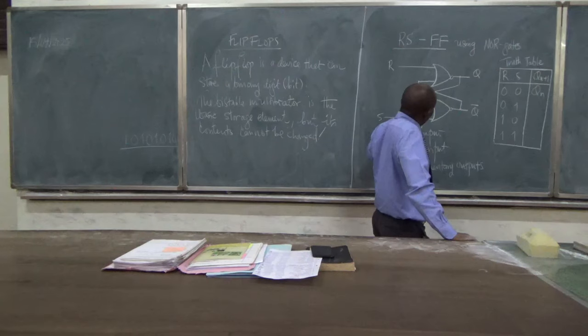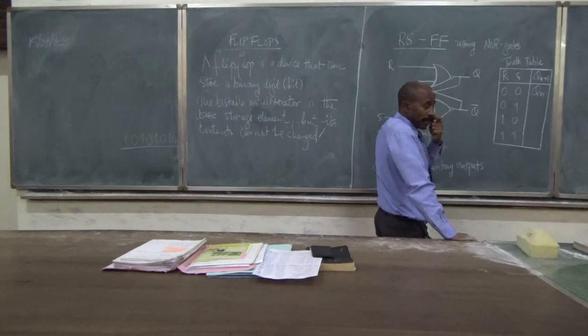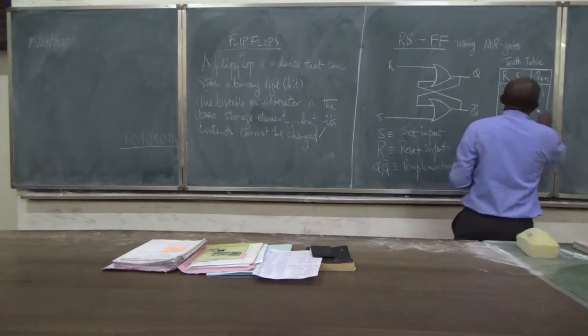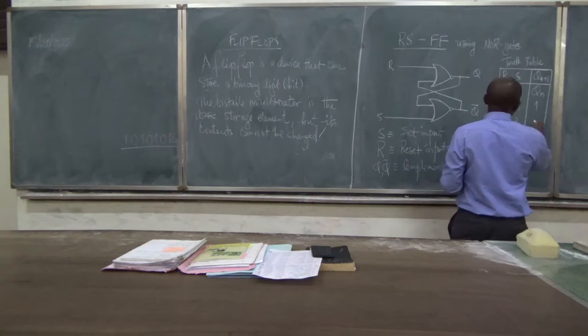So 0, 0 will give you the first state. And then this one will give you 1. This will give you 0.